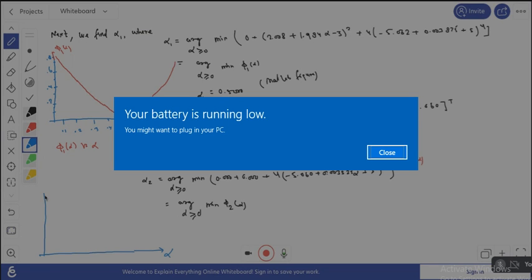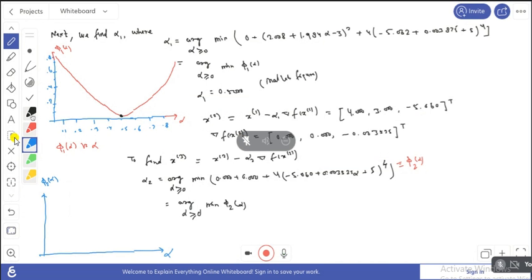If we plot our graph, this is alpha and this is phi 2 of alpha. Suppose the points here are 12, 14, 16, 18, 20, and here 0.4, 0.8, 1.2, 1.6.